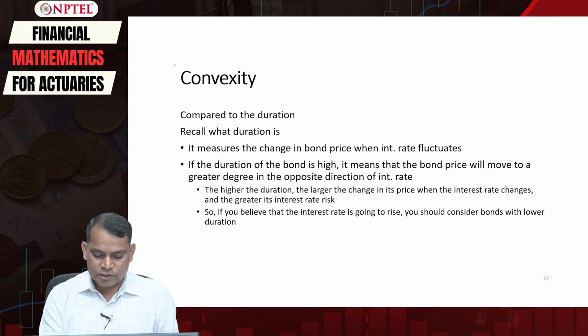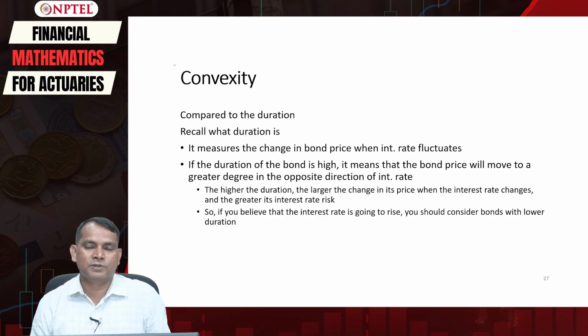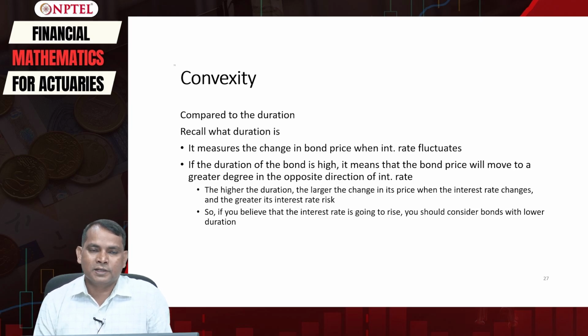So if the duration of the bond is high, it means that the bond price will move to a greater degree in the opposite direction of interest rate, because we know that there is an inverse relationship between price and yield.